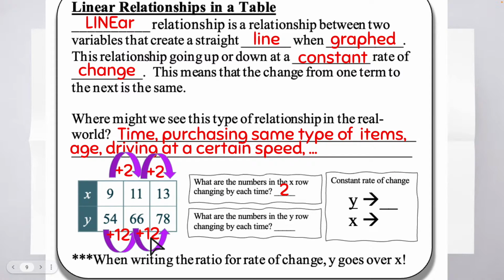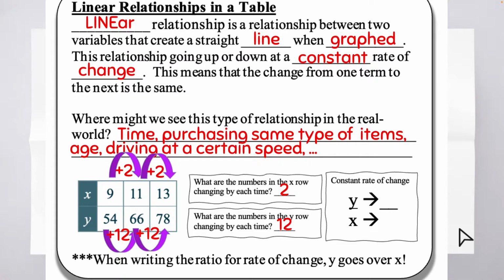So now I know what the change in the X's are and the change in the Y's are, so I can write what my constant rate of change is. I have a little note down here: when writing the ratio for rate of change, Y goes over X. We haven't fully started this yet, but this has to do specifically with slope, because we're looking at rise over run when we're looking at a graph.